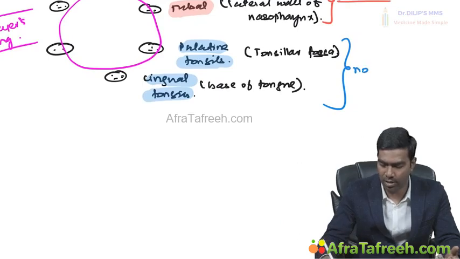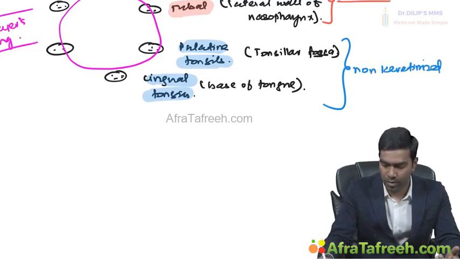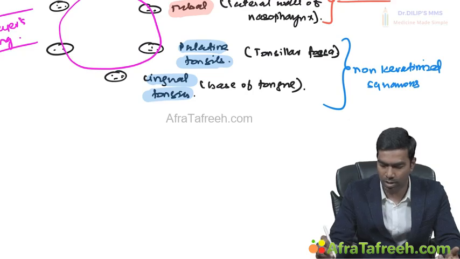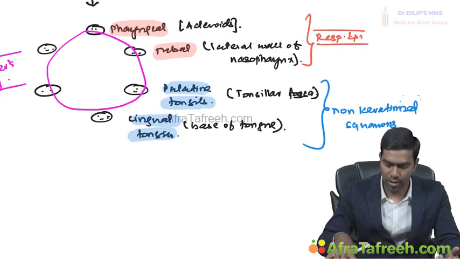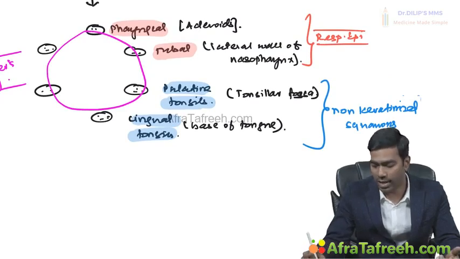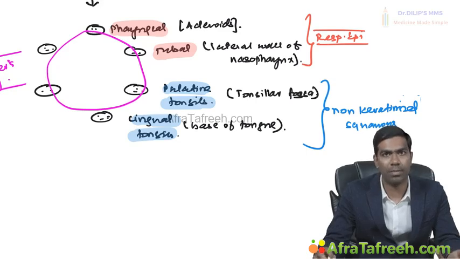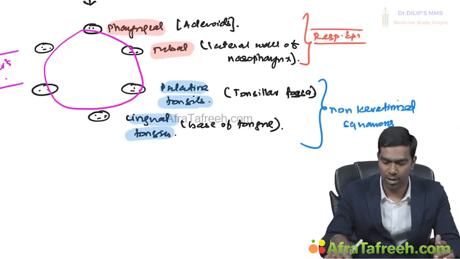They contain the usual non-keratinized squamous epithelium, whereas the pharyngeal and tubal tonsils are going to contain respiratory epithelium, which is nothing but ciliated columnar epithelium.